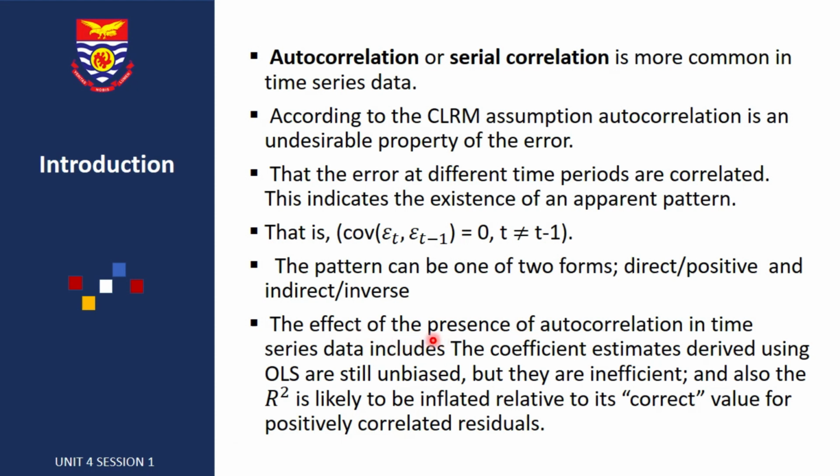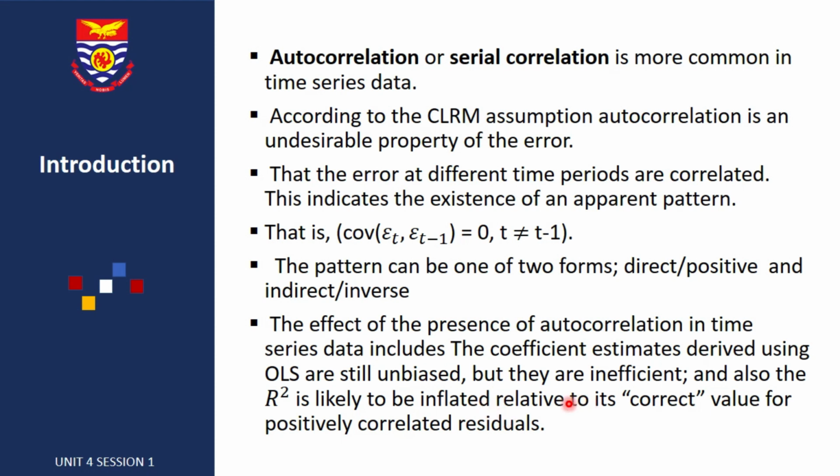Some of the effects of autocorrelation on the regression analysis are as follows. One, the coefficient estimates derived using OLS are still unbiased, yes, but they are inefficient, indicating that they are no longer BLUE, or best linear unbiased estimates; they have lost the best property due to the presence of autocorrelation. Also, the R-square, the coefficient of determination, which measures the rate at which the explanatory variables can explain the movement in the regressand, or the explained variable, is likely to be inflated relative to its correct value.